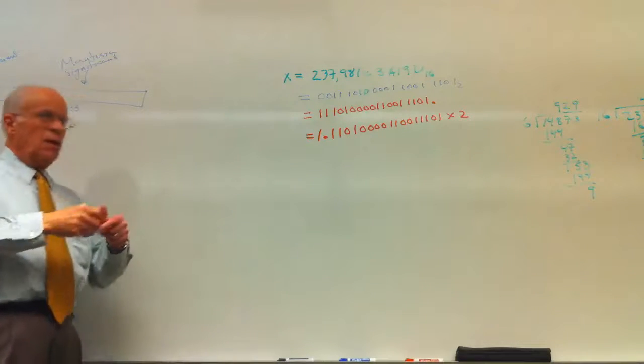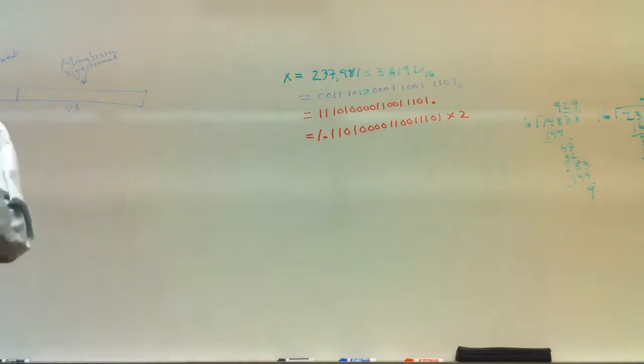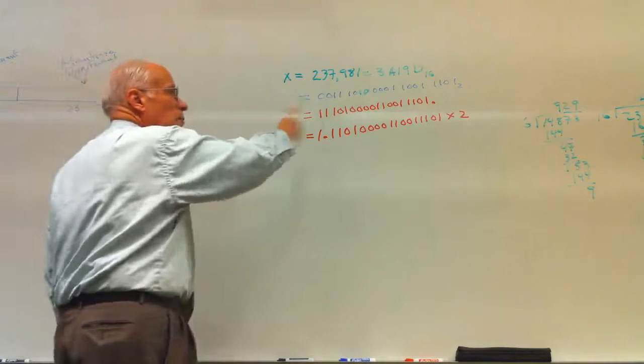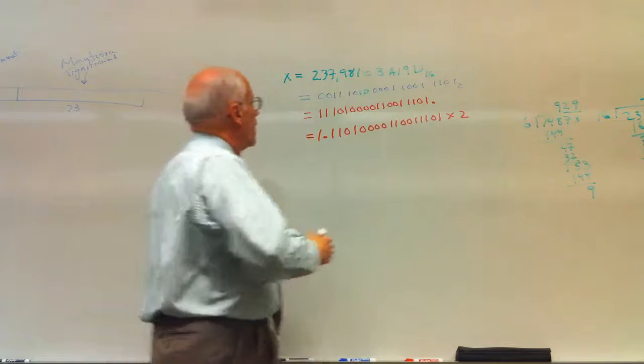What power? Well, in base 10, multiplying or dividing by 10 moves that point one place. Same thing is true in binary. Multiply by 2, it just moves it one place. Multiply by 2 moves it to the right. Divide by 2 moves it to the left.